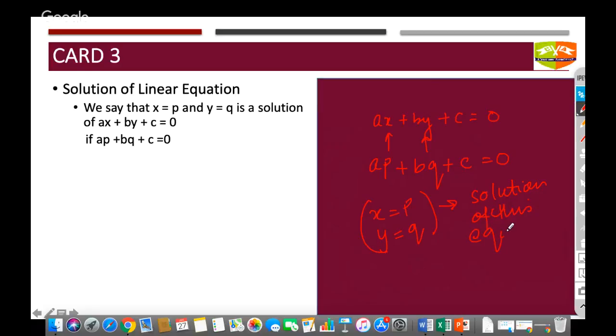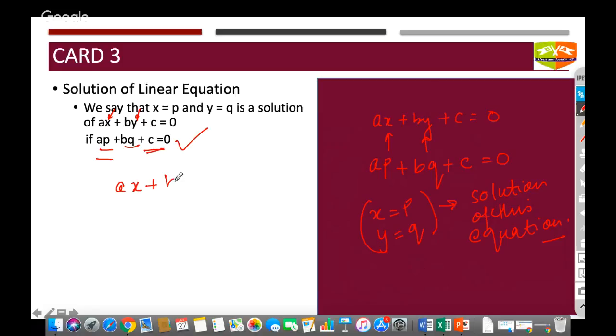Now, what do I mean by solution of an equation?